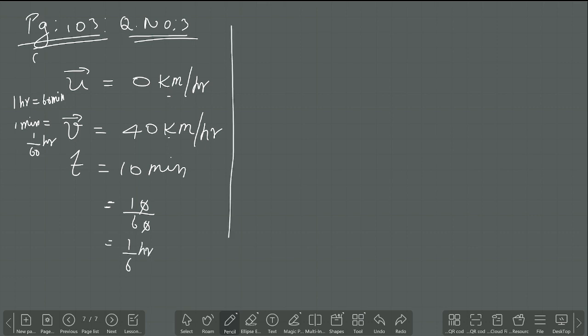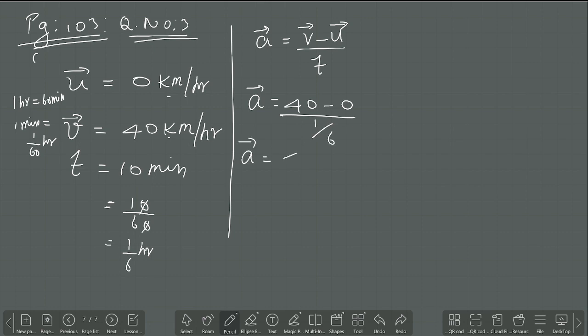So now a is equal to v minus u by t. a is equal to, what is the value of v? 40 minus 0 by 1 by 6. So a is equal to 40 minus 0, 40 by 1 by 6. So this one is looking like a by b by c. For b, denominator is there, but for a there is no denominator.